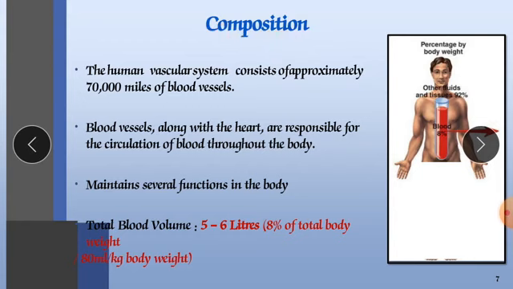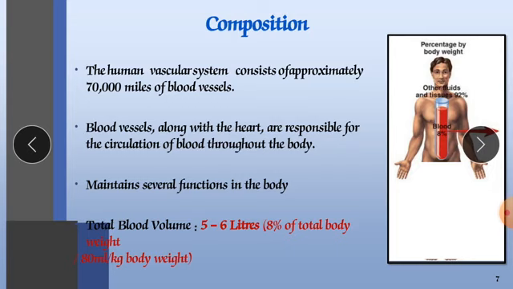So the human vascular system consists of approximately 7,000 miles of blood vessels, and in all of the blood vessels the blood is flowing through our body, and it reaches each and every part of our body. And if it does not reach any part, that part may suffer from a condition like gangrene.